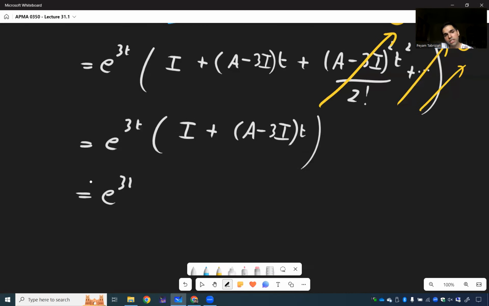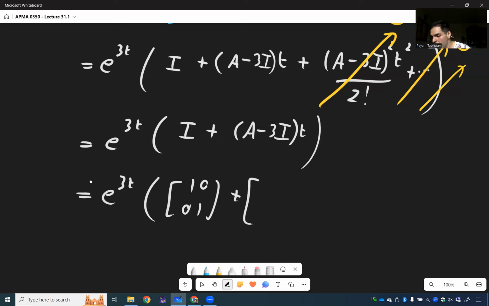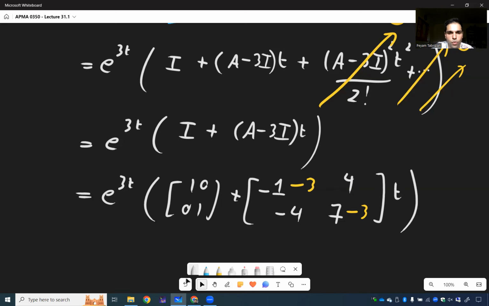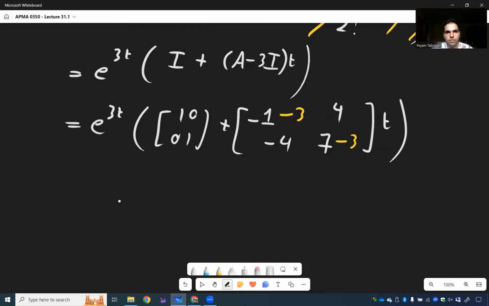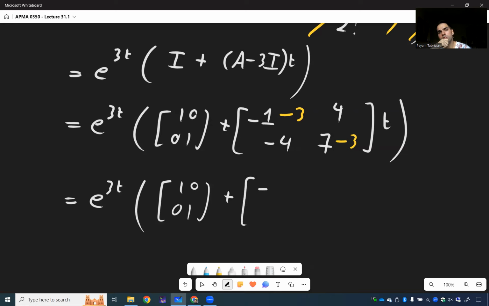So this is e to the 3t times [1, 0; 0, 1] plus [-1 minus 3, 4; -4, 7 minus 3] times t. Which, if you want, you can simplify. This becomes e to the 3t times [1, 0; 0, 1] plus [-4, 4; -4, 4] times t.